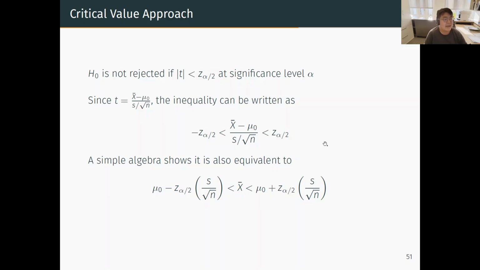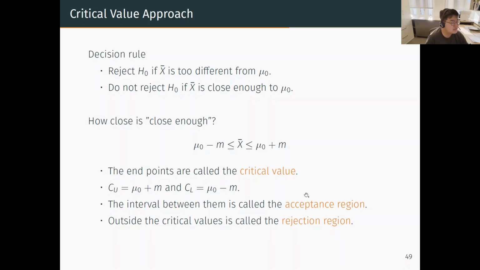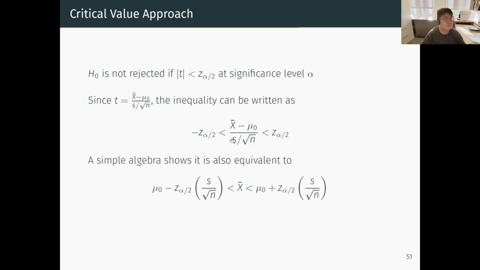Now I need to choose M, how much margin we have to allow around our hypothesis. That determines your conclusion, but we have to choose M so that the result is consistent with the two previous decision rules, the p-value and the t-statistic approach.